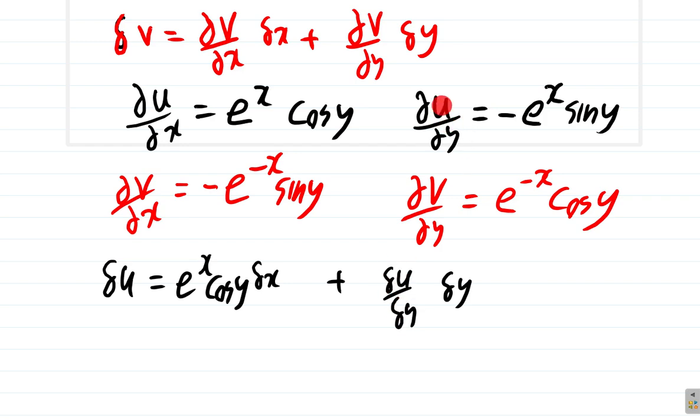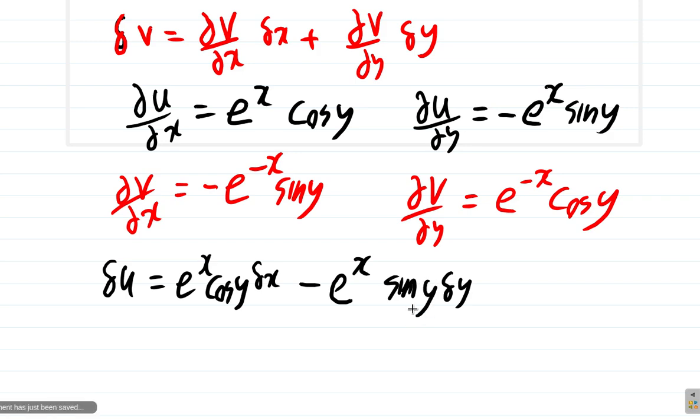Now, what is delta u by delta y again? See it here now? So we're going to erase this and put what delta u by delta y is equal to. This is delta u by delta y, but this is going to change to minus. So it's minus e to the x sine y.